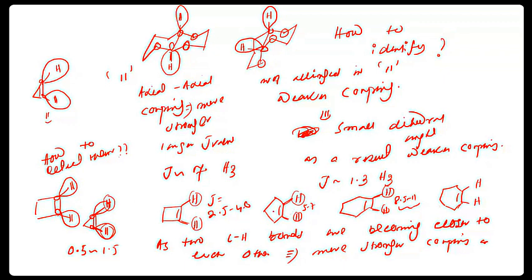In conclusion, as the ring strain decreases, the two CH bonding orbitals become closer. As a result, their parallel-like alignment increases. I am not saying here also it is parallel, but it is closer to parallel. It is far from parallel. That's why their parallel-like arrangement is going to increase.